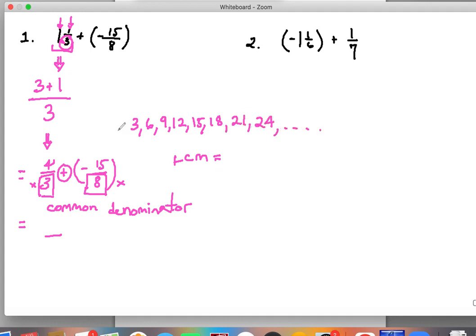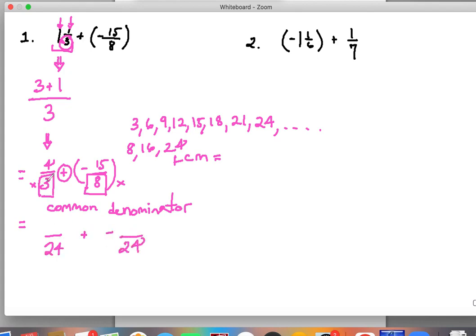There are infinitely many multiples of 3. And then you can list multiples of 8: 8, 16, 24. And you'll see that the least that these two lists have in common is 24.